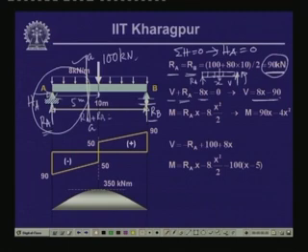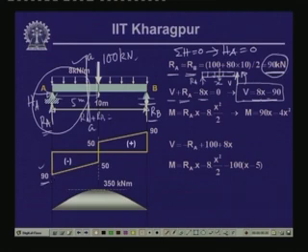This particular expression is valid because the load is constant from A up to the point where the concentrated load acts. So, just before the concentrated load, the loading situation is the same everywhere, and the shear force will be guided by this expression. At x equals 0, we get a shear force equal to minus 90, and this is what is reflected over here: at x equal to 0, the ordinate is minus 90.